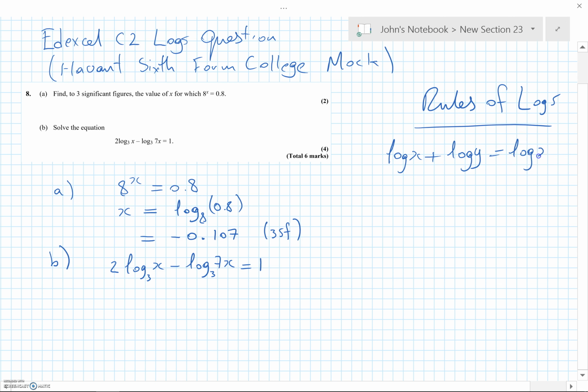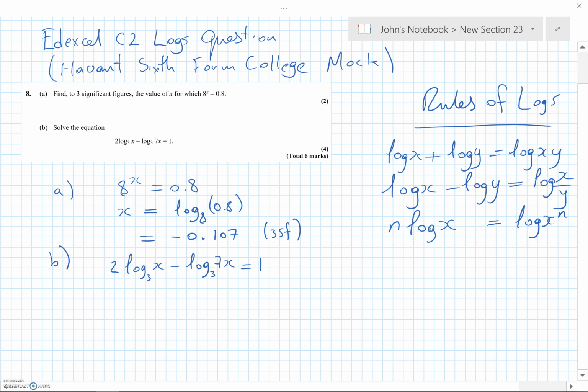We're not using that one here, I don't think, but it's still an important rule. Remember, I'm just writing log here, but the base has to be the same for all of these rules to work. Base needs to be the same.